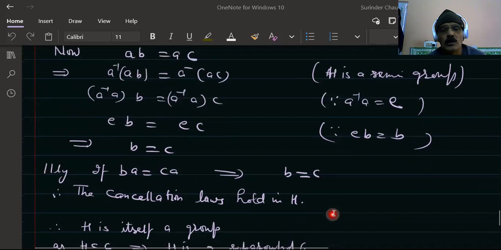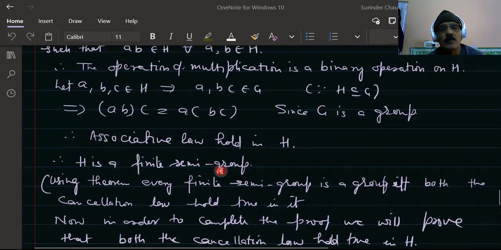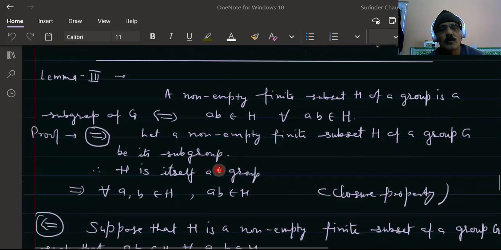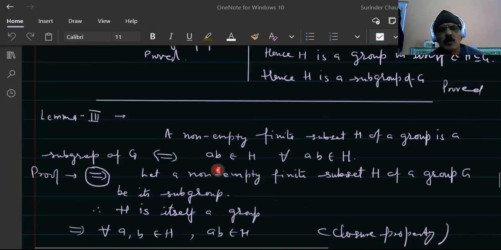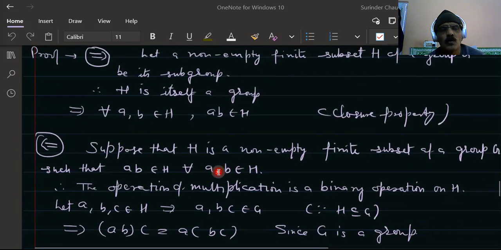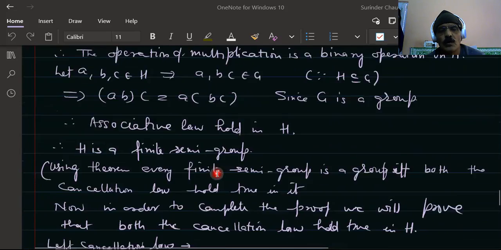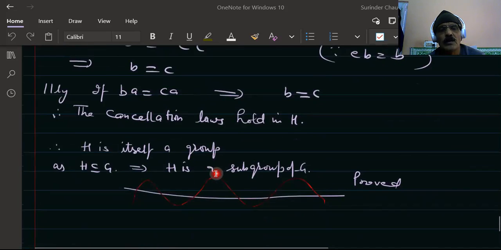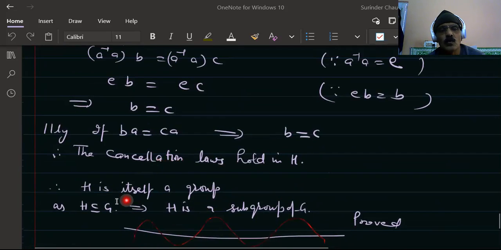So the left and right cancellation laws hold in the semigroup in which closure property holds. That is a group. So H is a group.